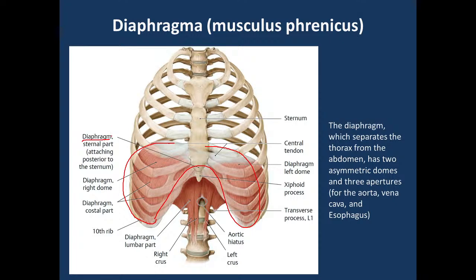Phrenicus means the same, meaning that these muscles help us to produce inspiration, and this is the border between chest and abdominal organs.